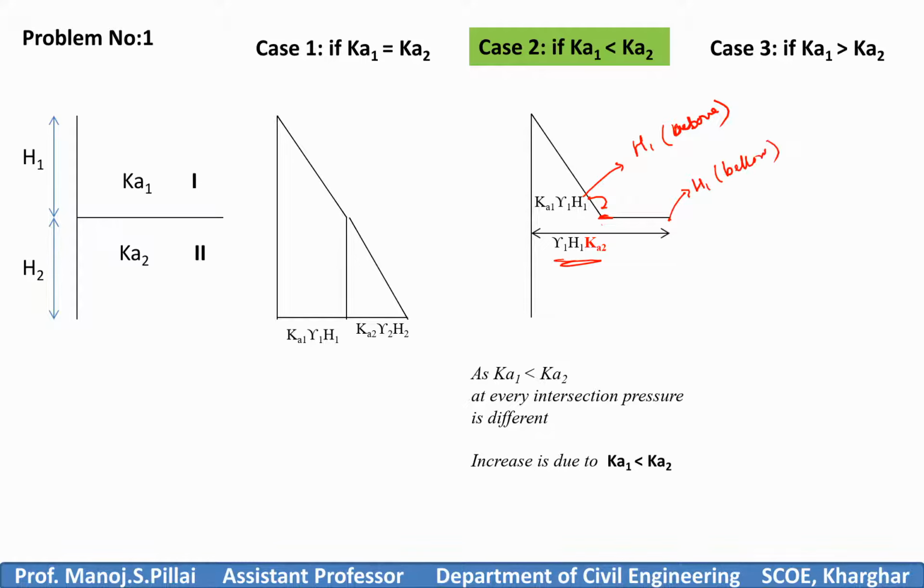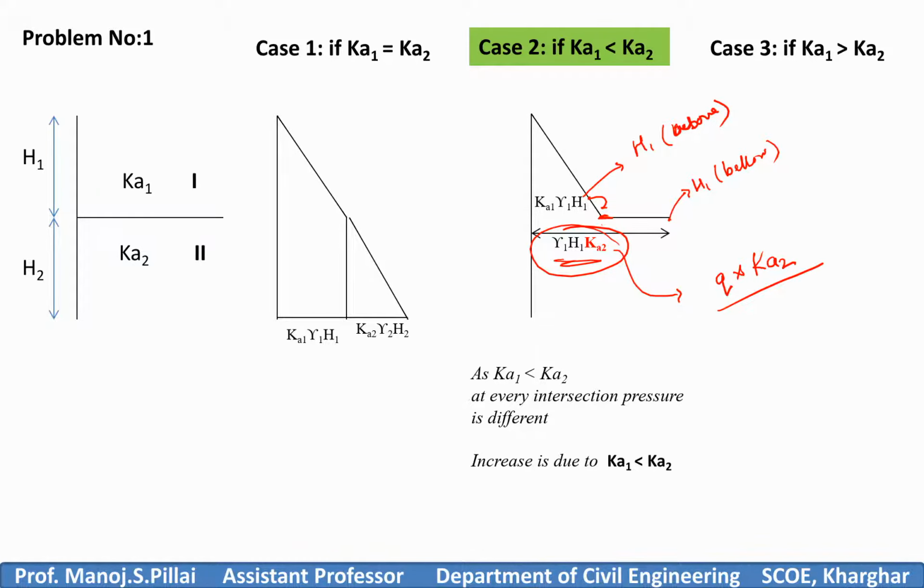That means on the same layer there is some above value and some below value. Now how I got this: this is actually my overburden pressure. So overburden pressure is Q, that is Q is my surcharge due to layer Ka2.